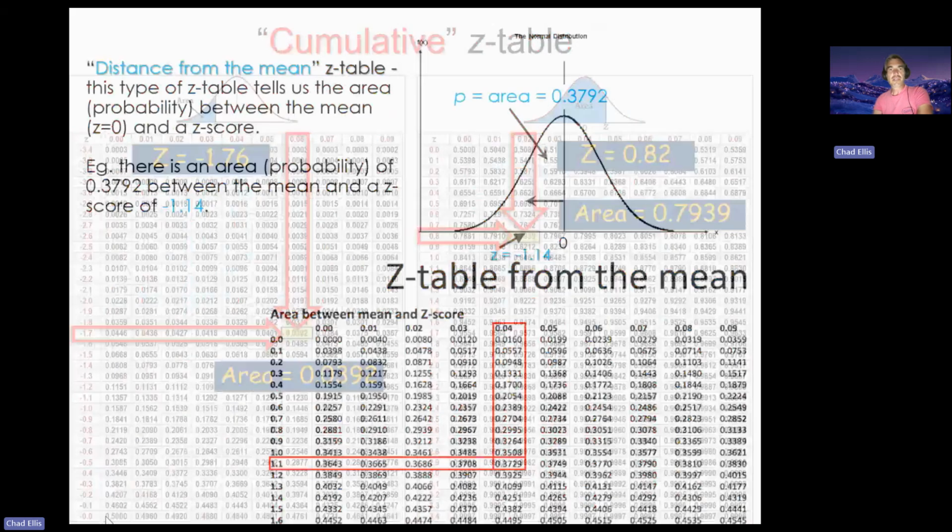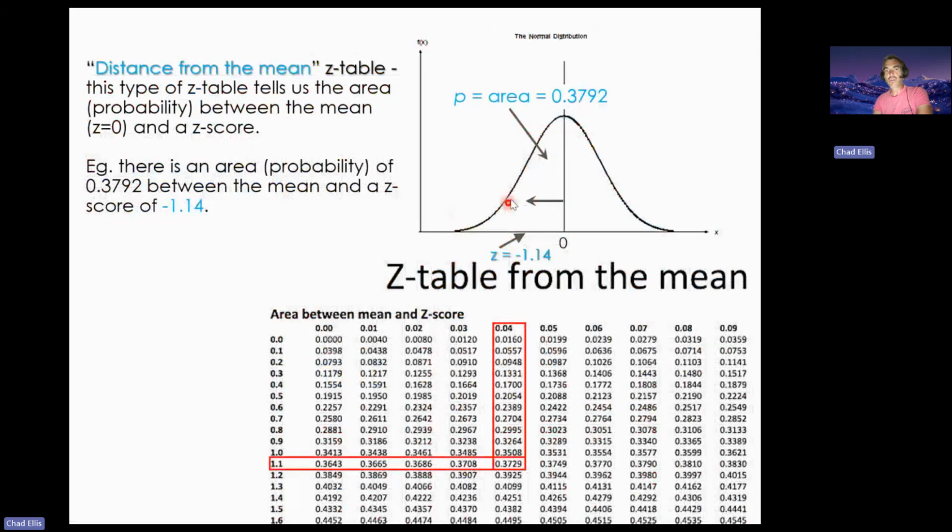So the other type of z table is the distance from the mean z table. Unlike taking the cumulative or total probability or area from the left tail, the distance from the mean takes the area underneath the curve going out from the mean or a z-score of 0. So for example, imagine I wanted to use this table to figure out the probability for a z-score of minus 1.41. So a z-score of minus 1.41 is going to be to the left of 0.